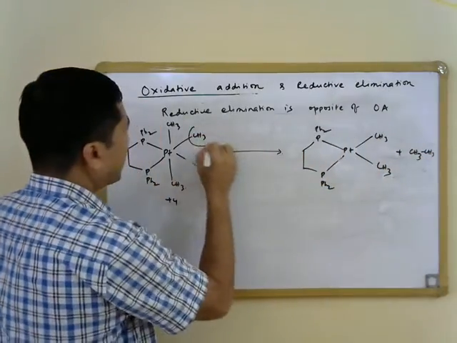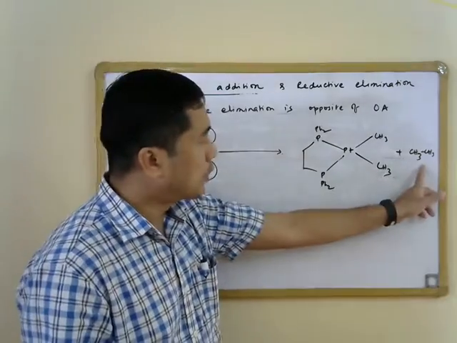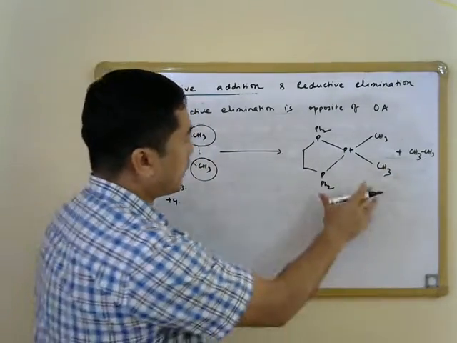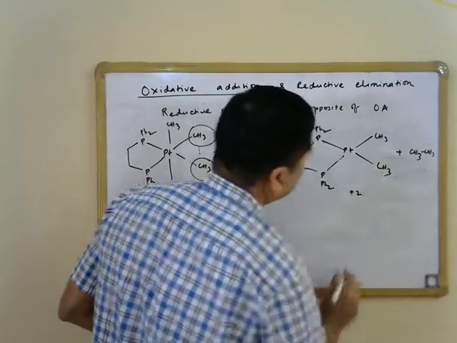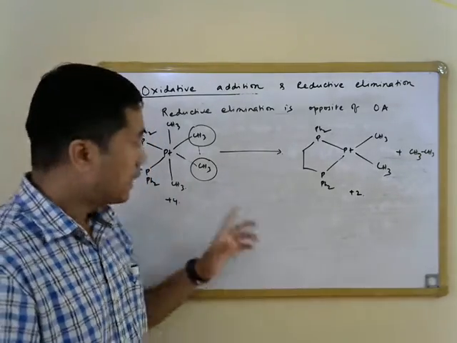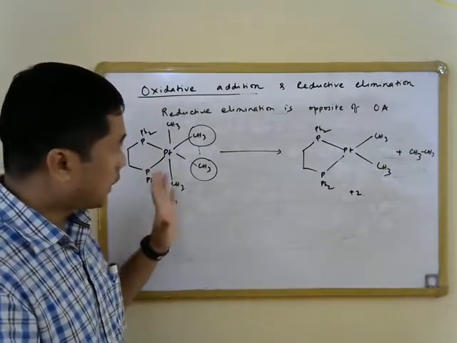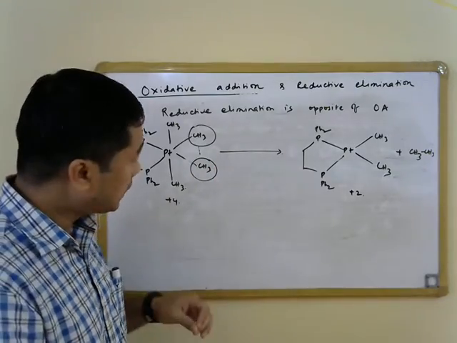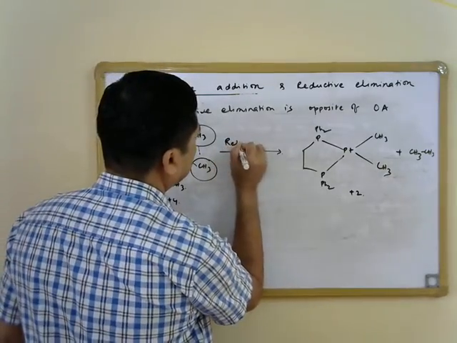That is, two of the cis ligands here essentially form a sigma bond between them to give us a byproduct in this way. And in the metal complex, the oxidation state of platinum became +2. So the oxidation state decreased by 2 units, as well as the coordination number decreased by 2 units. That is why this reaction is the exact opposite of oxidative addition, and we term this reaction reductive elimination.